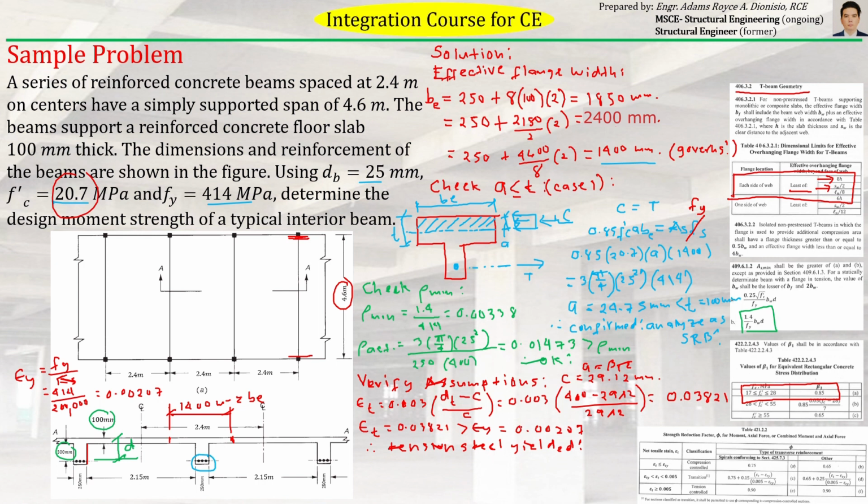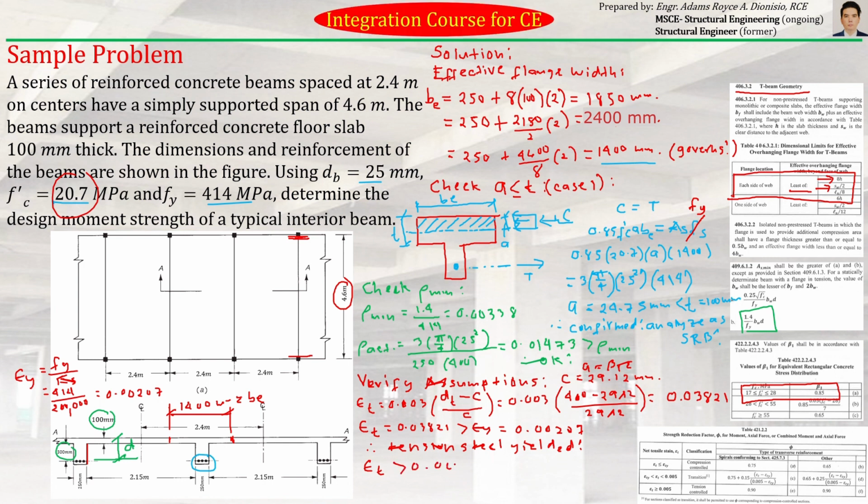And ang maganda pa dyan, since na-compute natin yung tensile strain, if you will try to compare, yung tensile strain natin is also greater than 0.005. And according sa code, kung greater than sa 0.005 yung tensile strain ng concrete section mo, it is tension controlled, therefore ang phi mo ay 0.9. Okay?